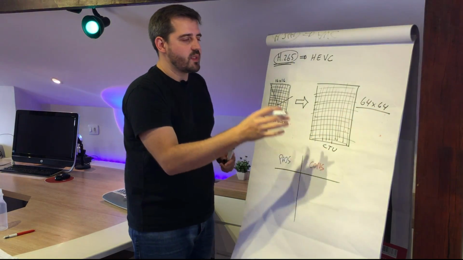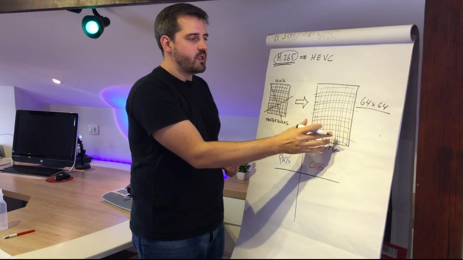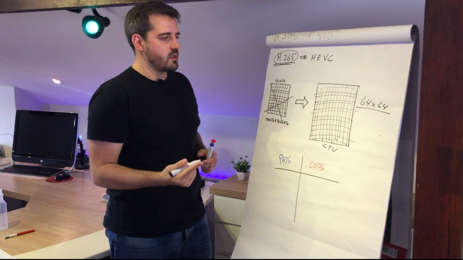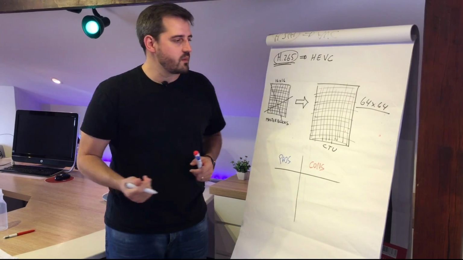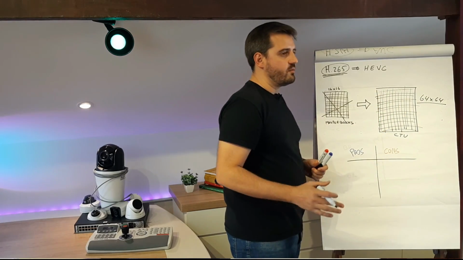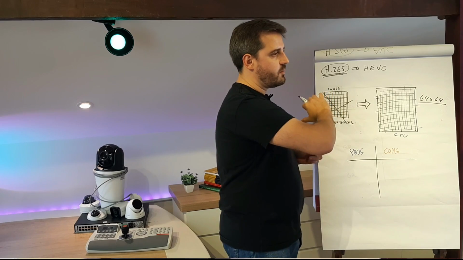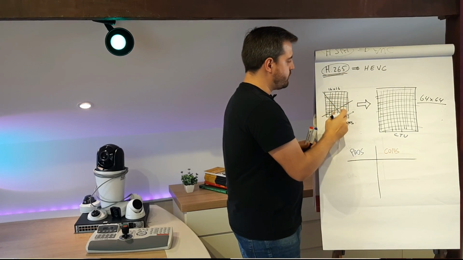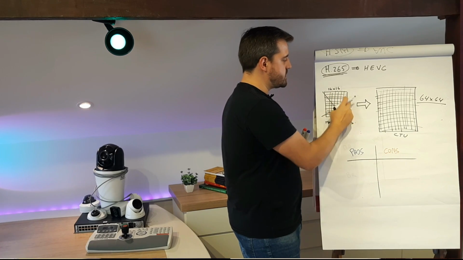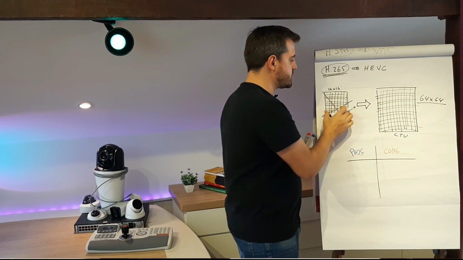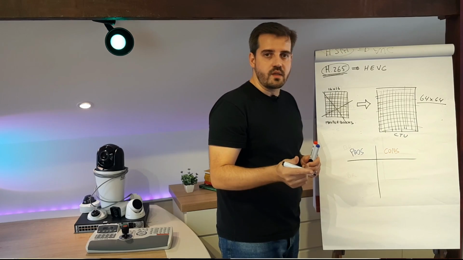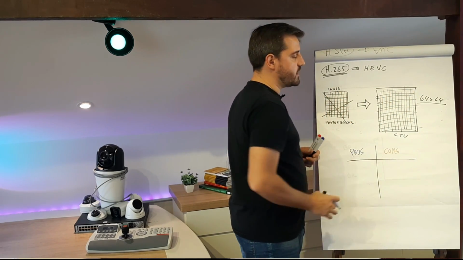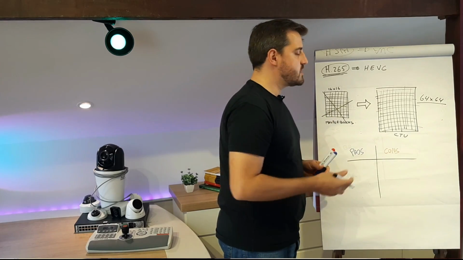So this means that we can compress more information into just one pixel and send it to the NVR or to the client. Let's assume that we have in the scene a part of the sky, so it's all blue. In H.264 we can just group 16 by 16 of the same pixels, then send the information to the NVR. But in H.265 we can group more pixels and send the information as blue.